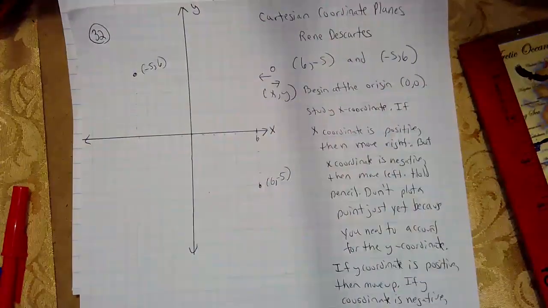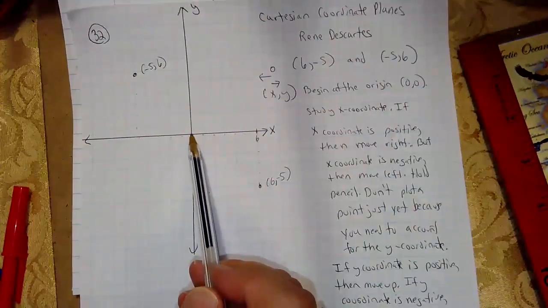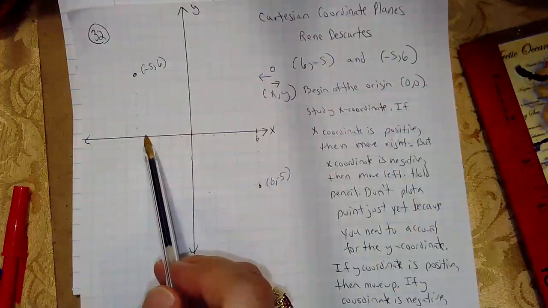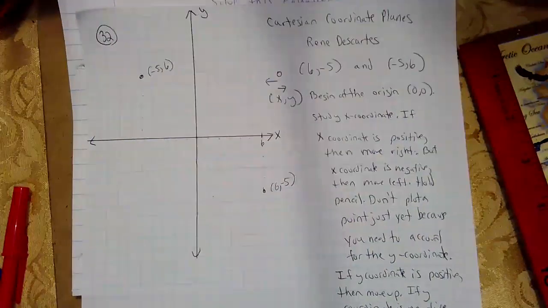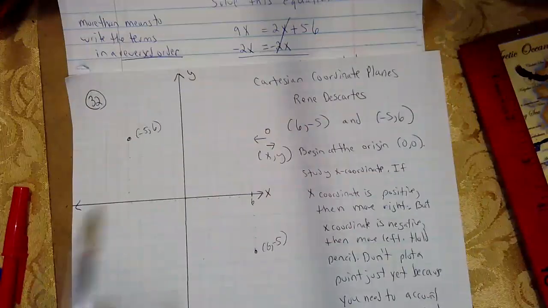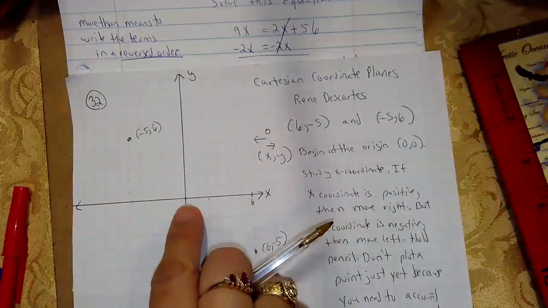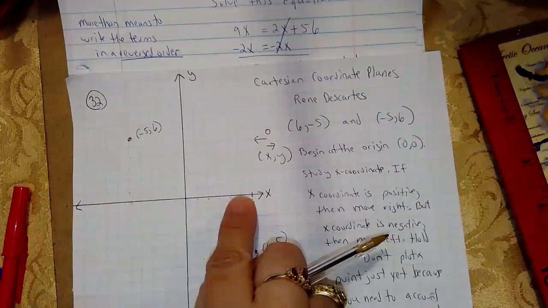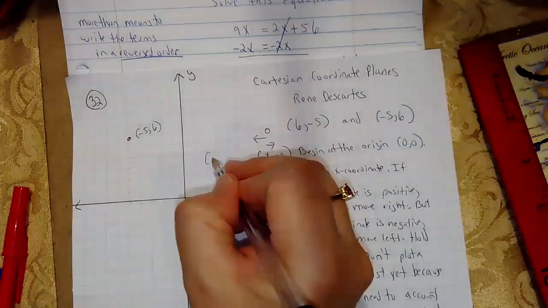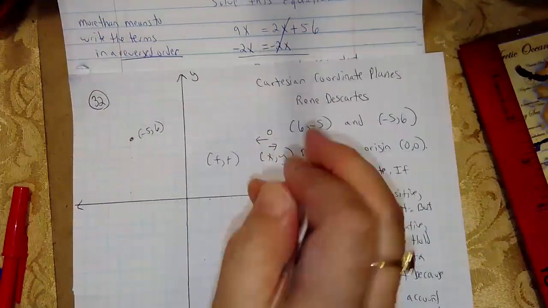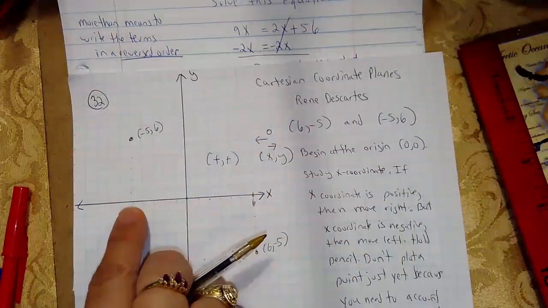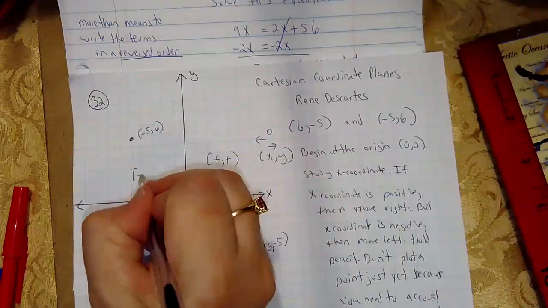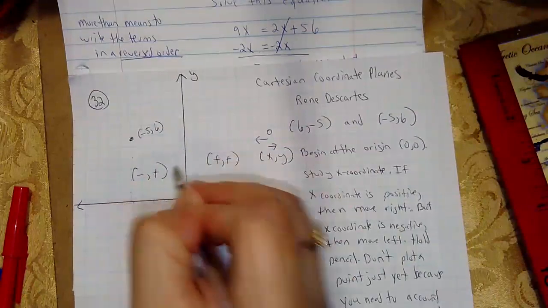Okay, so I start at the origin, and I have to go left, negative 5, and I have to go up. Okay, so in your Cartesian coordinate plane, this is positive, this is positive, so this is plus plus. Over here this is negative, whereas this is positive, so this is negative, positive.